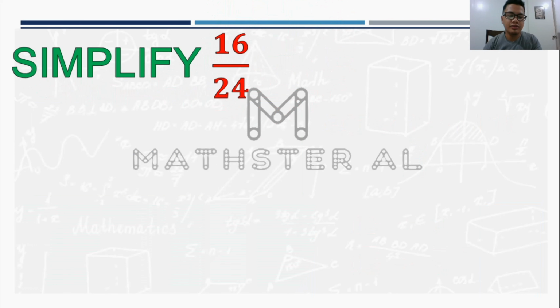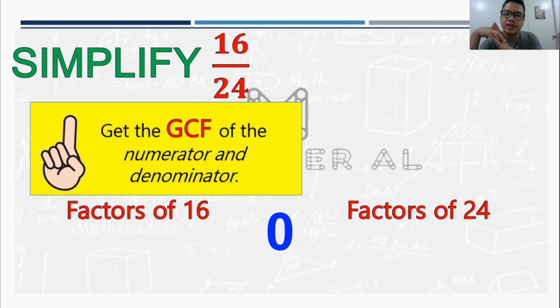So again, GCF: factors of 16 and factors of 24. 10 seconds to think of the factors of those two numbers. 9, 8, 7, 6, 5, 4, 3, 2, 1.